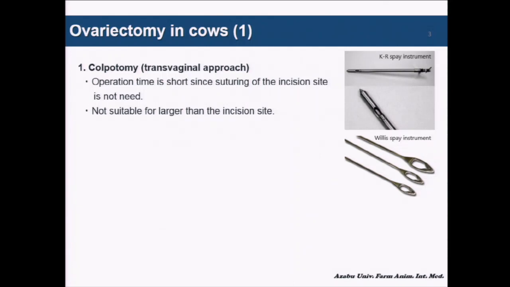This procedure uses a Kimberlin-Rapp spay instrument or Wheeler spay instrument. This instrument is inserted through the vaginal fornix, and the ovary is extirpated after grappling. The incision site is not sutured, so it can shorten the operative time. However, this procedure cannot be used for large ovarian abscesses or tumors.